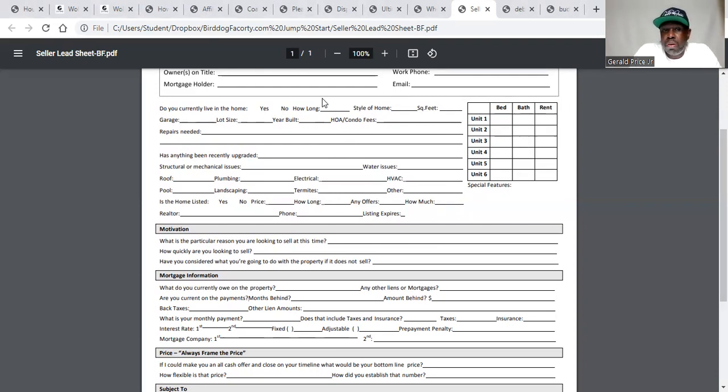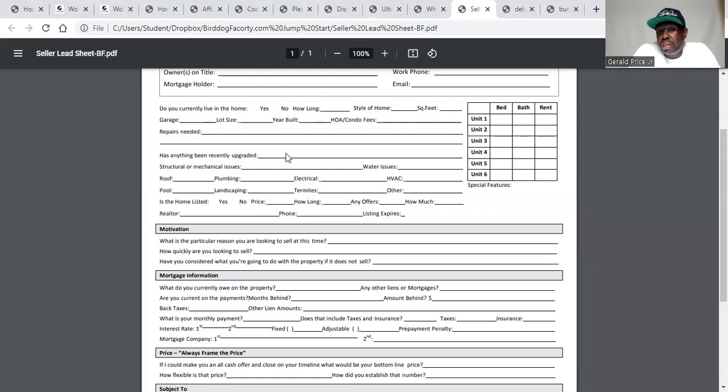Do you have a pool? Do you know when the property was built? Do you know the lot size? Is there a garage? Do you have a homeowners association? You don't always have to ask these questions, but they are simple buffer or icebreaker questions that you can ask to make the person feel more comfortable on the line.